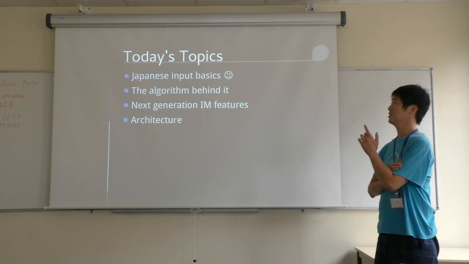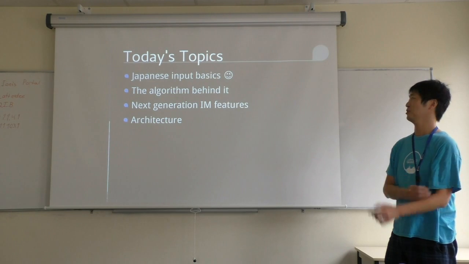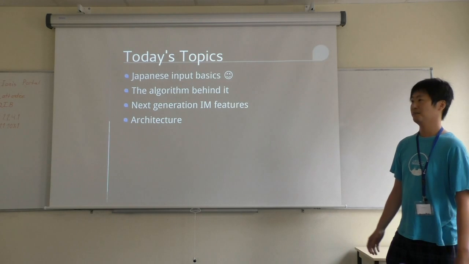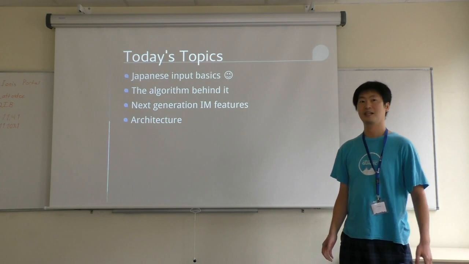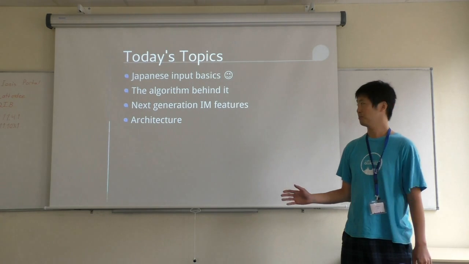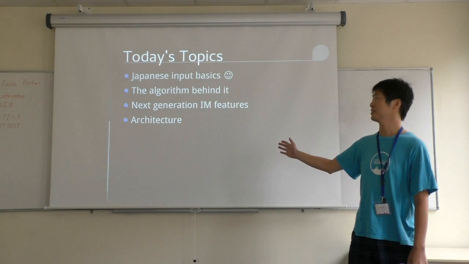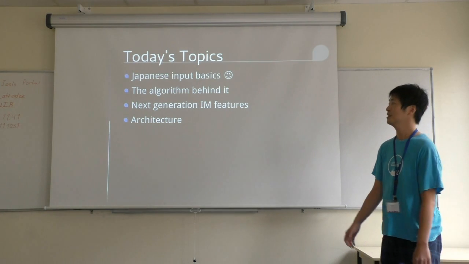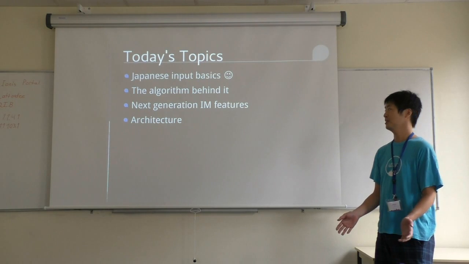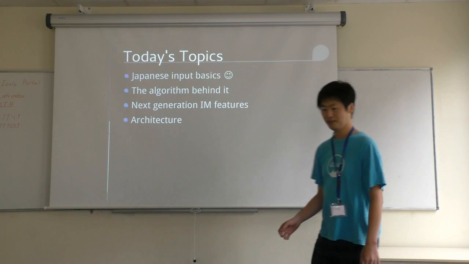First, I'll show you the actual use case of the input method, especially for Japanese. Then I'll talk about the algorithm used behind it. Then what is missing and the plan for future extension. And finally, I'll talk about the whole architecture. We might need some change in the future.